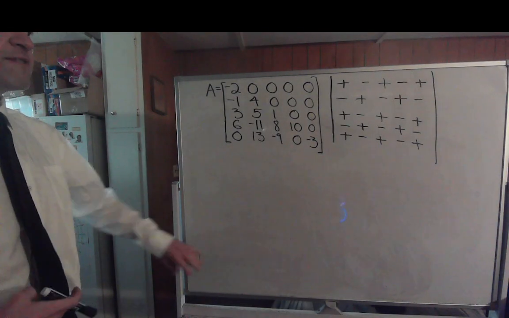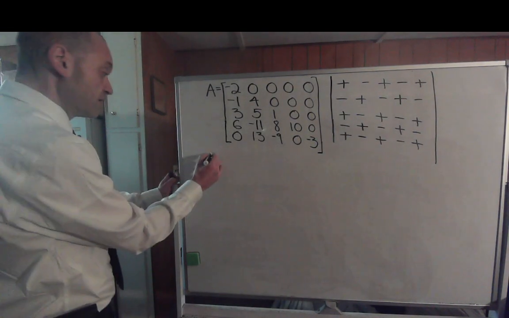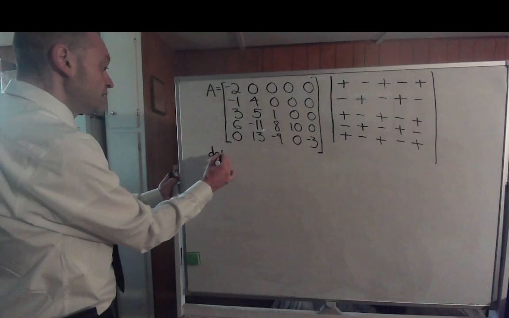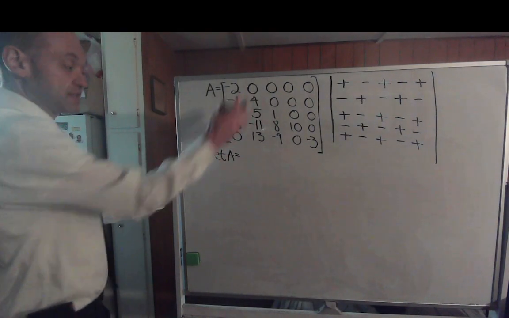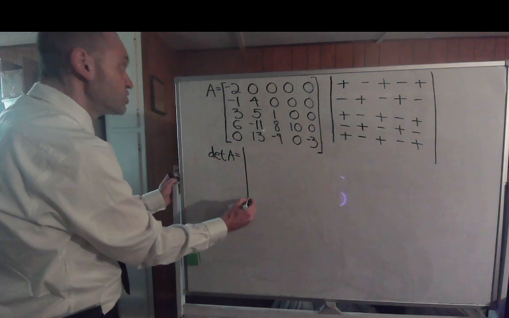It's a 5 by 5. Well, we want to find the determinant of A, right? So we're going to take all this, convert it into determinant notation.